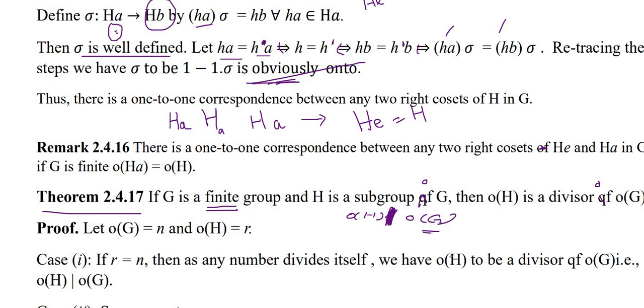When G is a group and H is a subgroup. These two must be given. Only then the number of elements in H will divide the number of elements in G. So that is what we need to establish in this theorem.